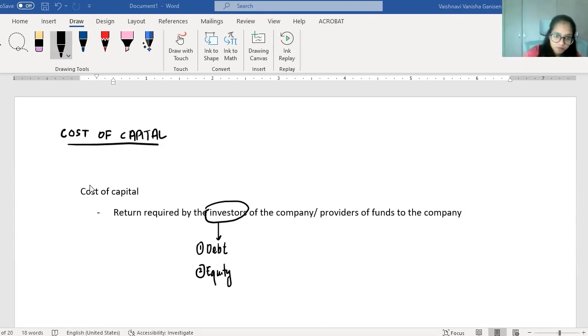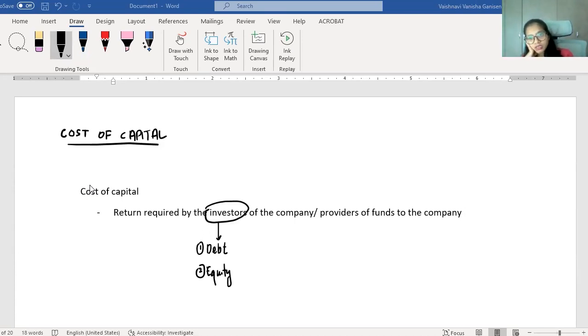Number one, this cost of capital can be said as the cost of the company raising funds. That means the cost that you need to incur in order to raise funds and to use those funds in your organization. So that's one definition of cost of capital.